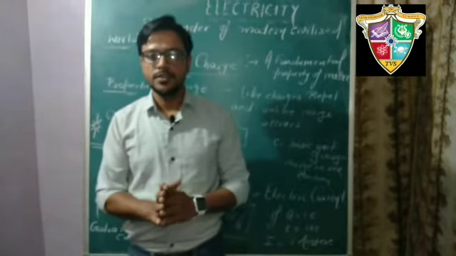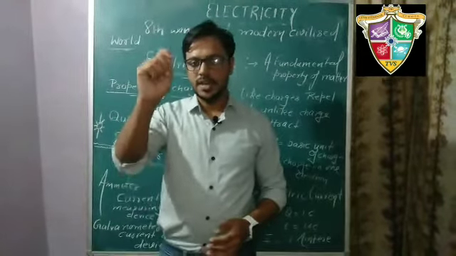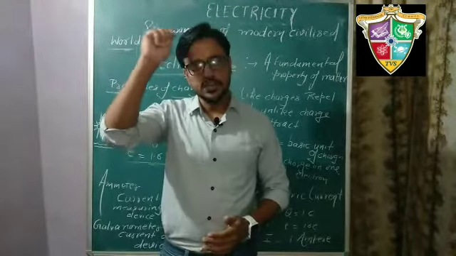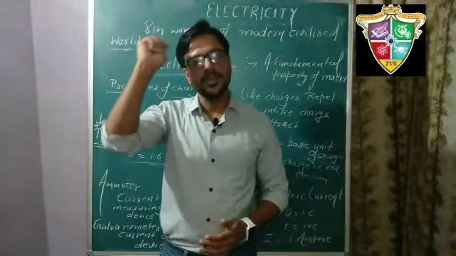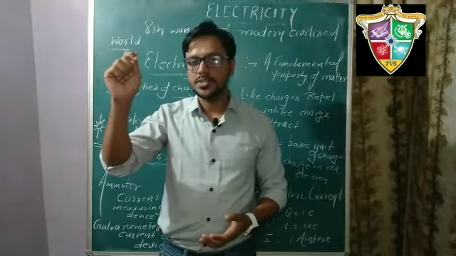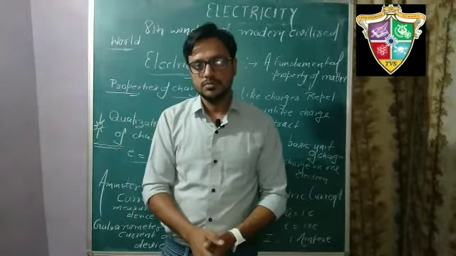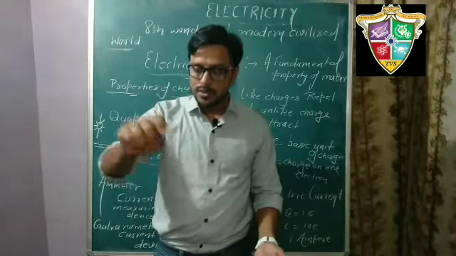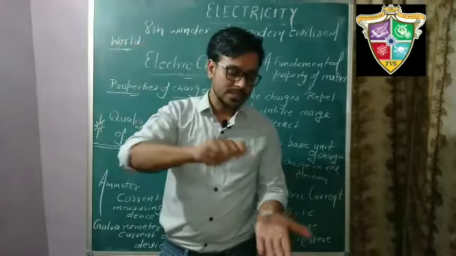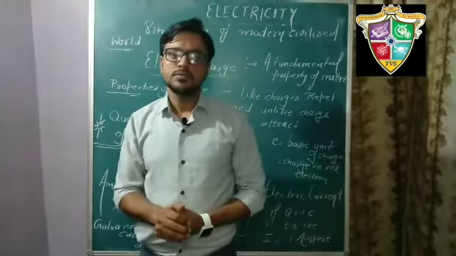Puzzled? No. Let's take an example. If you have a plastic scale and you rub it with your dry hair, the plastic comb or plastic scale will acquire some charge, and that charged plastic scale can attract small pieces of paper. If you bring the plastic scale near the small pieces of paper, it can attract them.